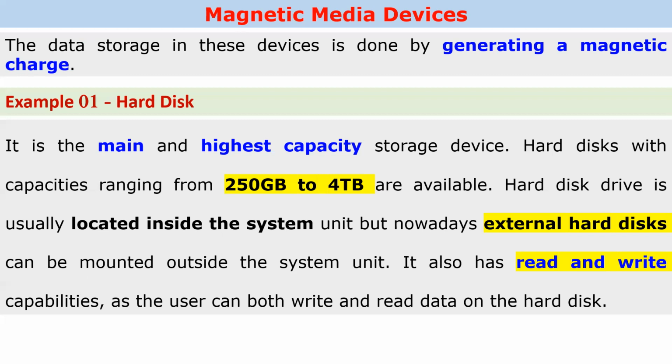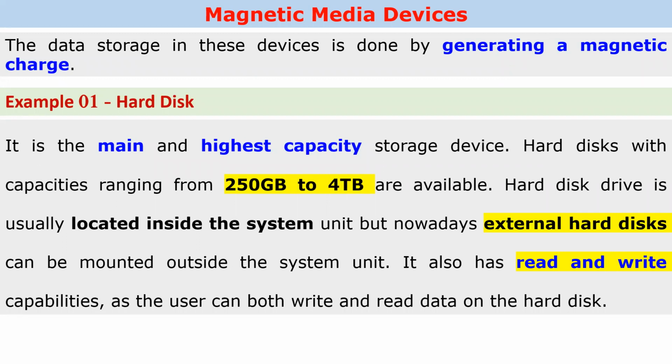The first one built using this technology is example 1, the hard disk. Right. Hard disk is one good example using this technology. Then first look at some external features of the hard disk. Normally the hard disk is located inside the system unit.